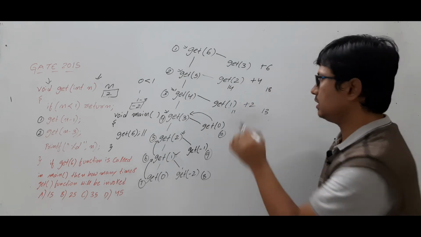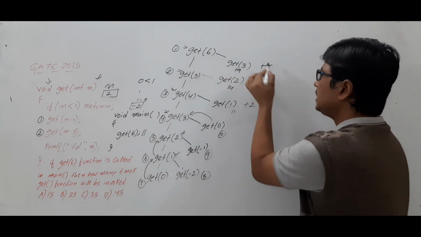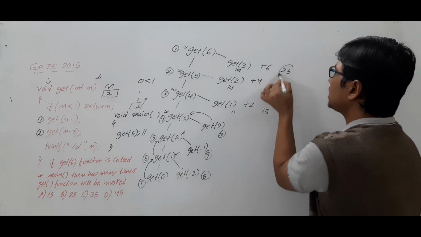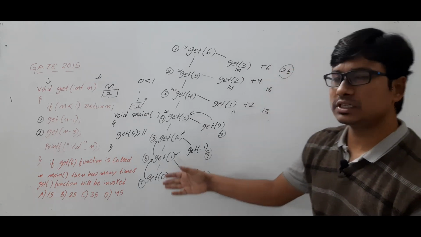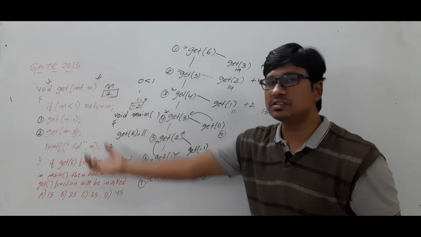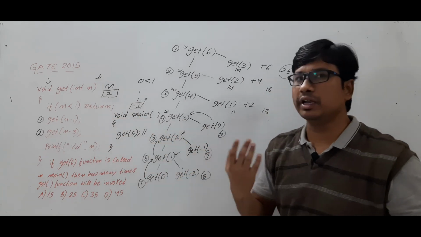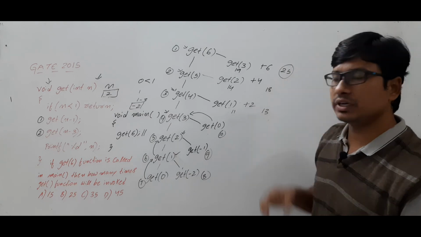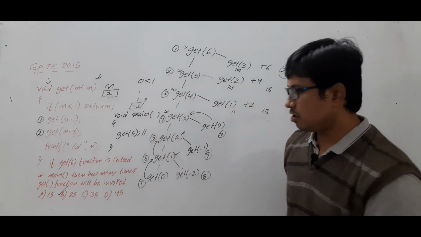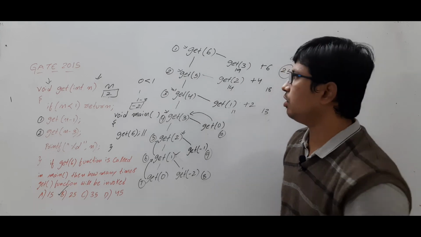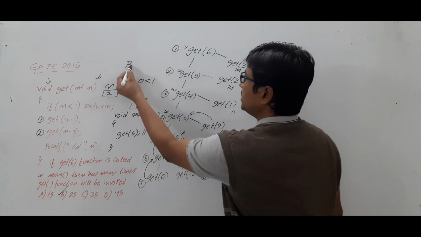Are you able to understand? 19, 19 plus 6 is 25 times this function is calling. Okay, are you able to understand it or not? That's why it is recursion. So that's why they are asking how many times the recursion will happen. It is 25. So option B is the correct option. Options A, C and D are wrong. For this question, option B is correct.